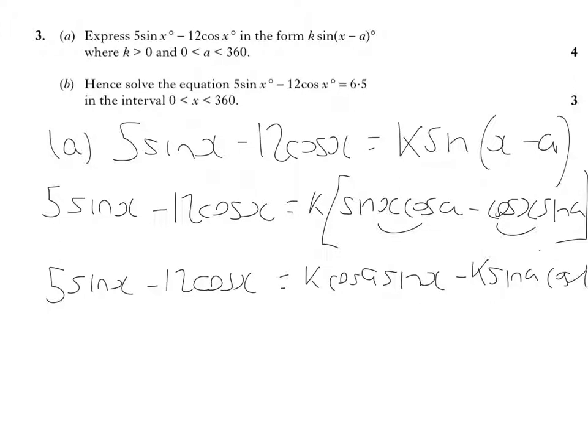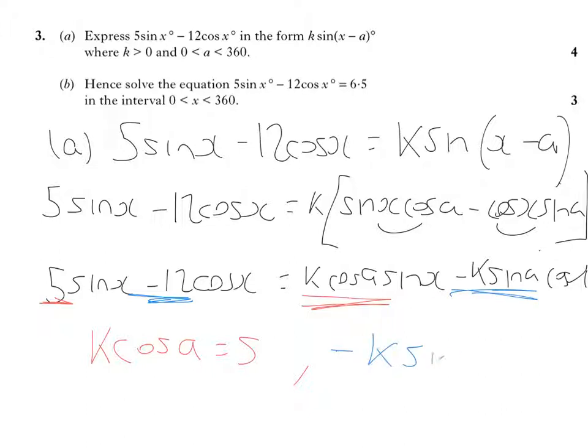So the coefficient in front of sin x is 5. Coefficient in front of sin x is k cos a. So k cos a is equal to 5. Coefficient of cos x is minus 12. Coefficient of cos x is minus k sin a. So minus k sin a is equal to minus 12, which obviously means that k sin a is equal to plus 12.